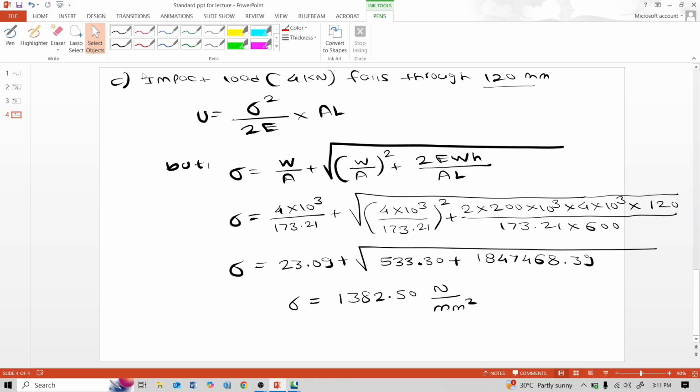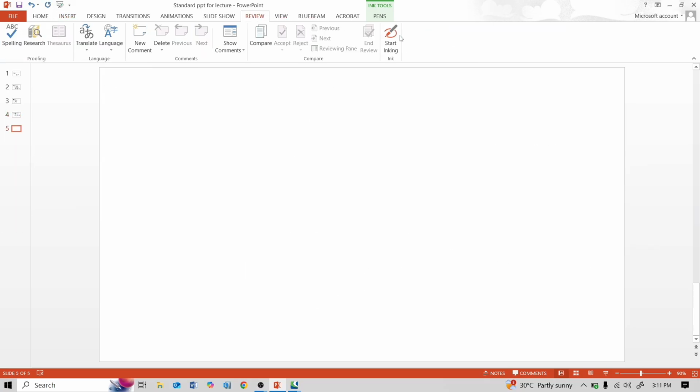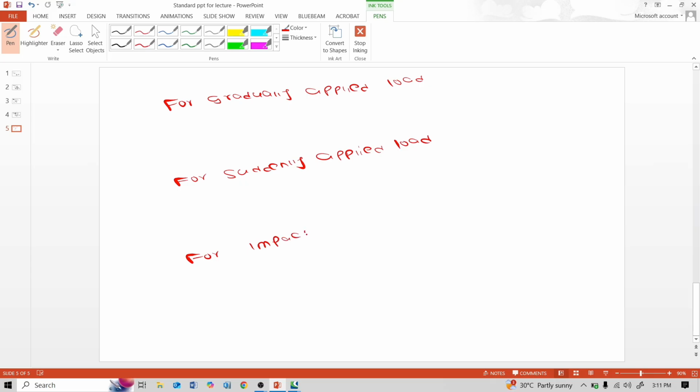Okay, I will write here for clarification. For gradually applied load, for suddenly applied load, and for impact load.